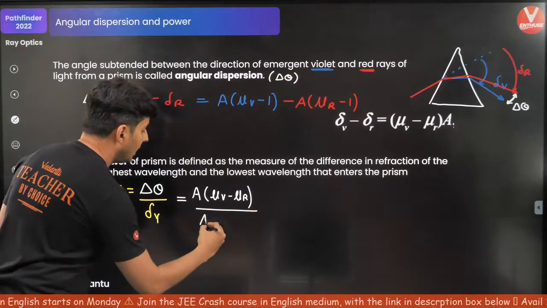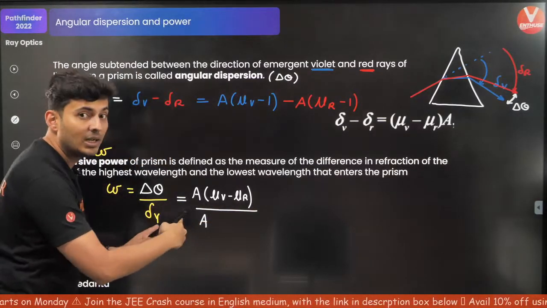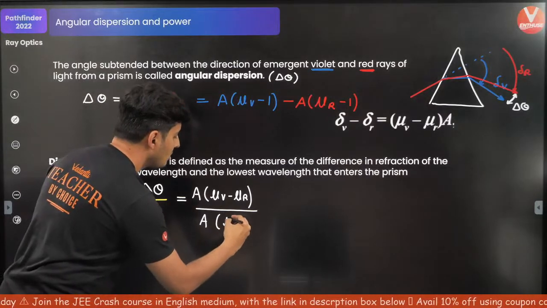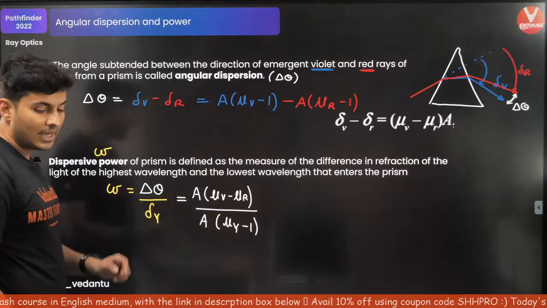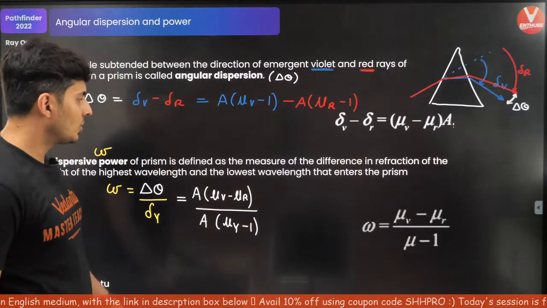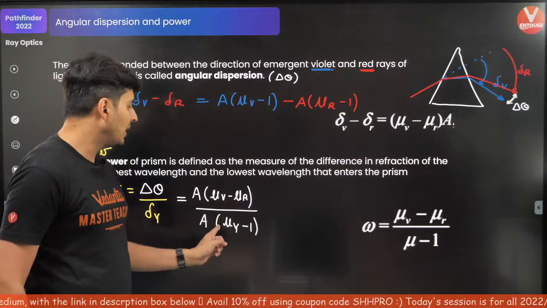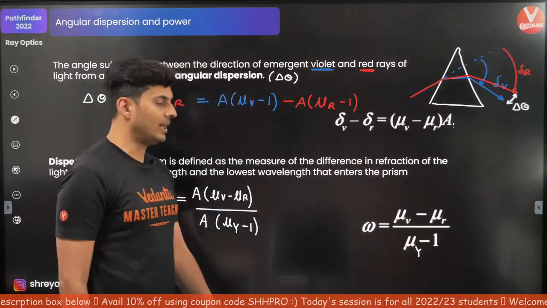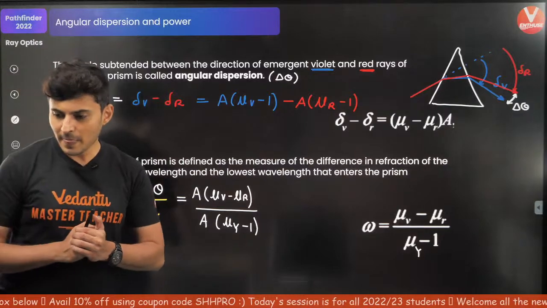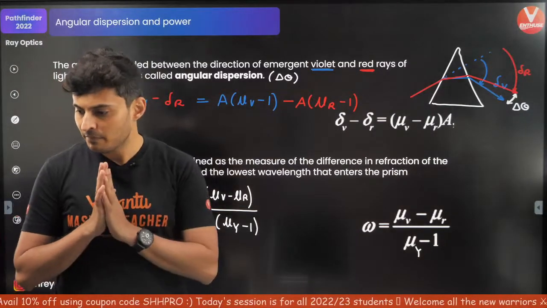Upon delta, what is the formula for delta? A into mu minus 1. So A into mu for yellow minus 1. A gets cancelled, and I think you should get this: mu V minus mu R upon mu yellow minus 1. Okay, mu yellow minus 1. Is that clear? I hope this is understood.